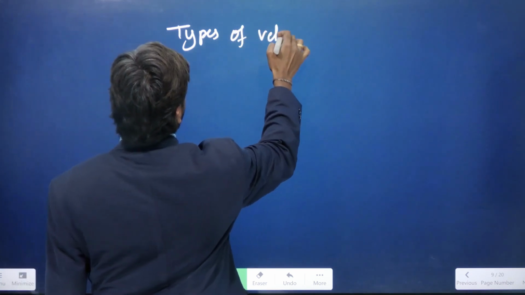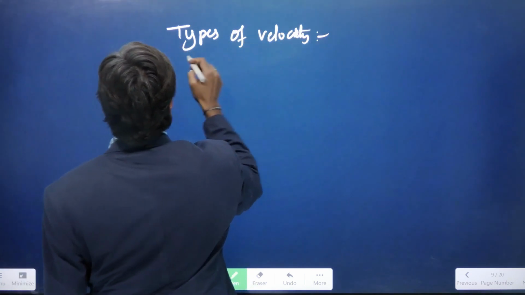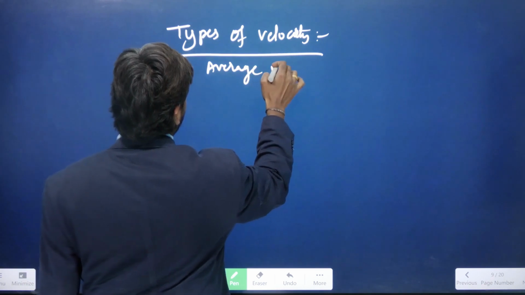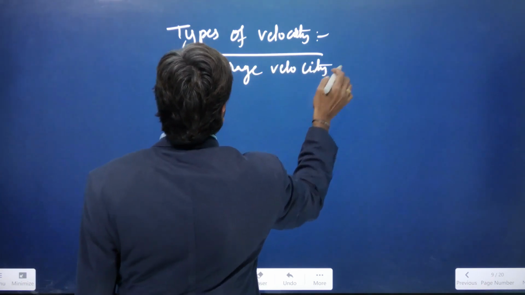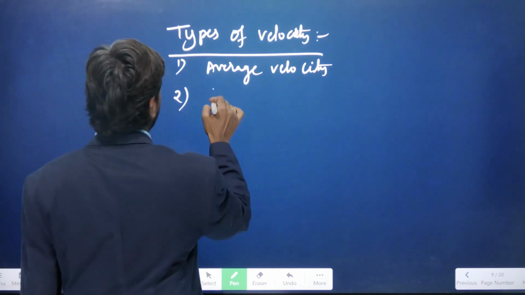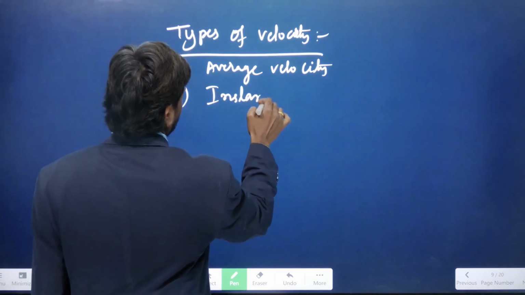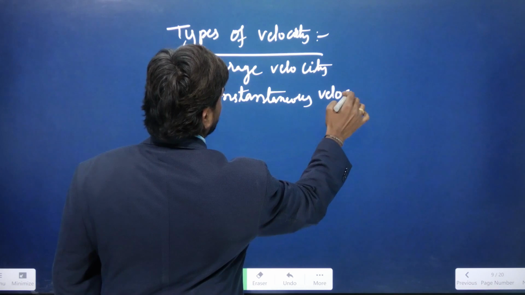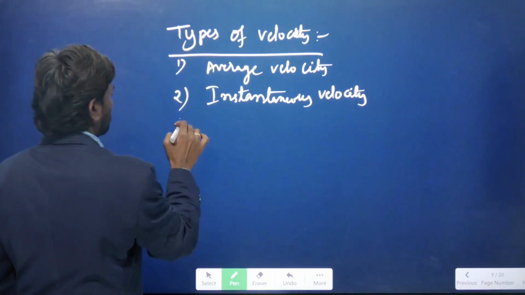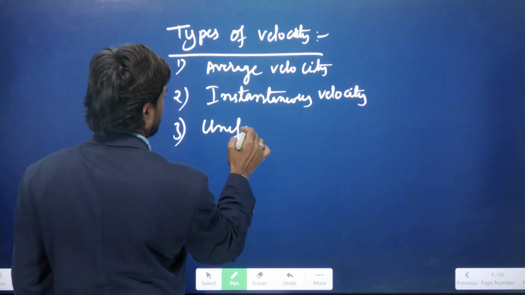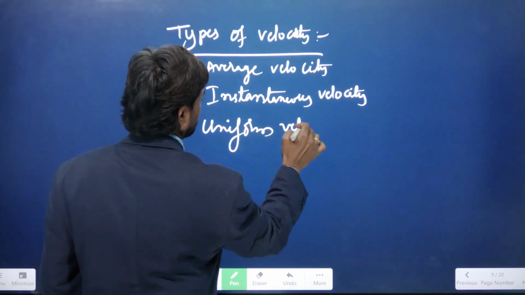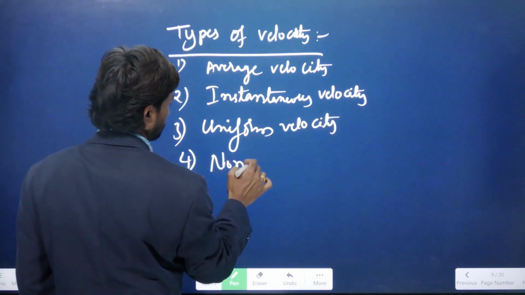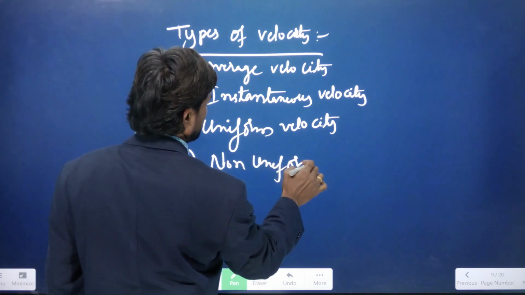Here also we have the same four types: average velocity, then the instantaneous velocity, the third one the uniform velocity, and the fourth one the non-uniform velocity.